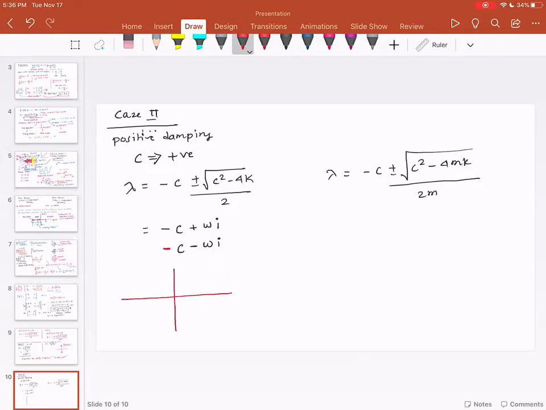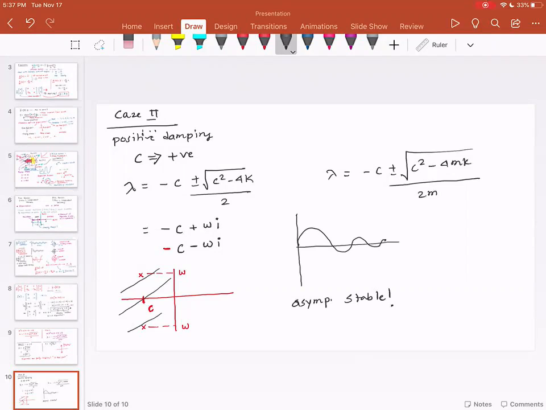And what this means is I will have two roots, and these roots will be in the negative part. So in other words, it will be here. If you look at the system behavior, the system is going to be asymptotically stable.